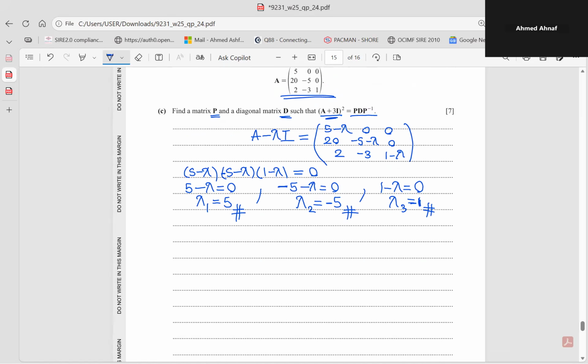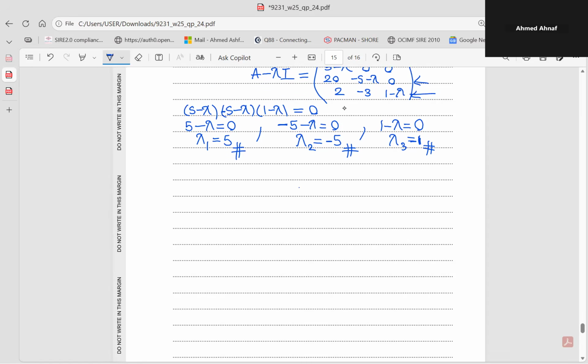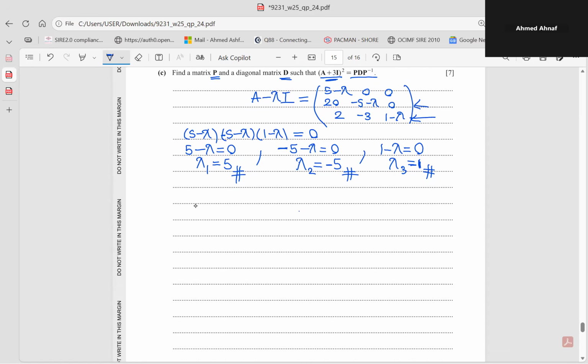So the condition is that those rows cannot be zero rows or scalar multiples of each other. So of these, we're going to choose this and this, because the first one is just going to be a zero row. Therefore, let's just substitute it: 0, 0, 20, minus 10, 0, 2, minus 3, minus 6.